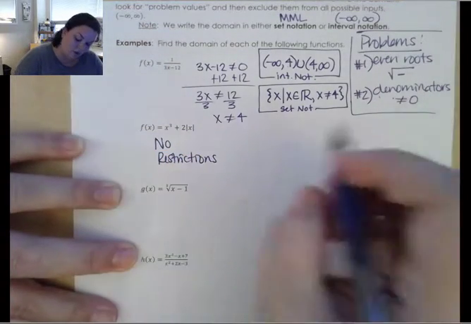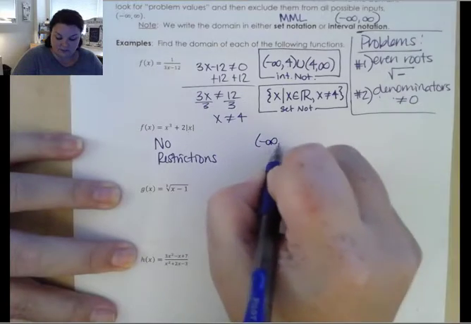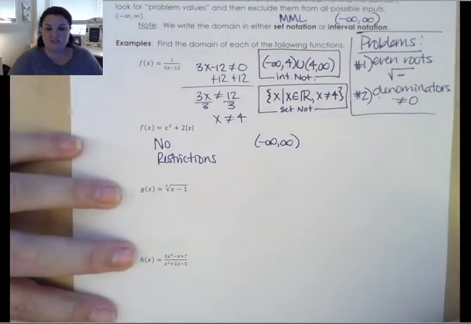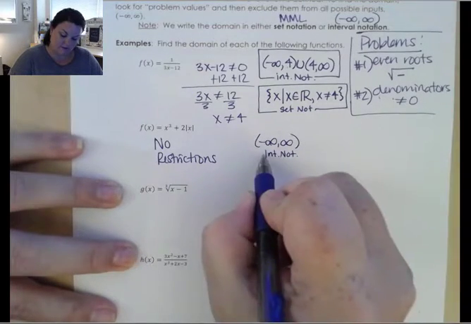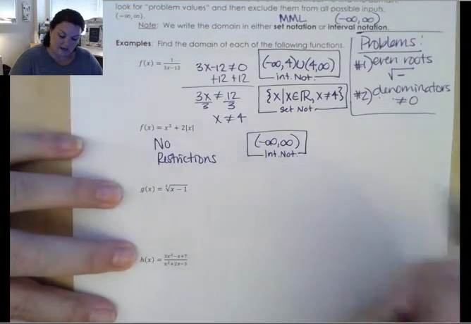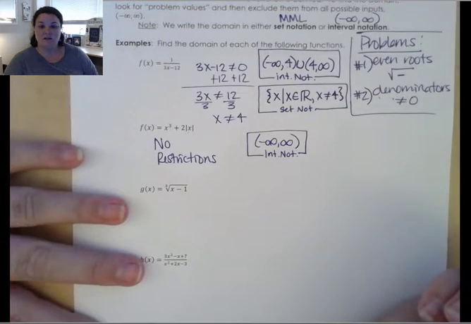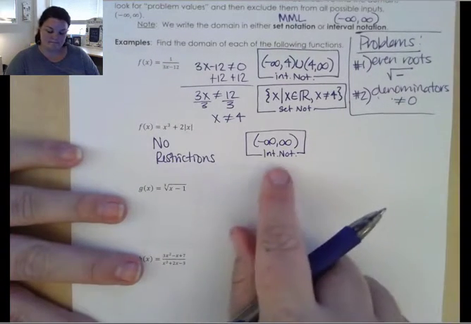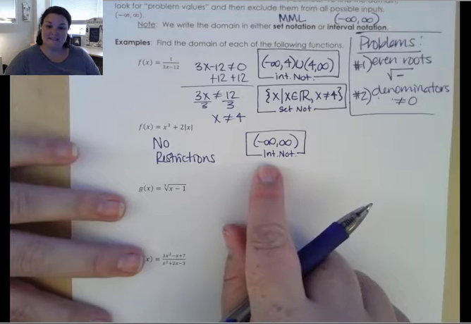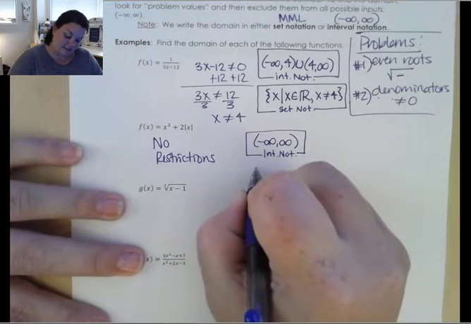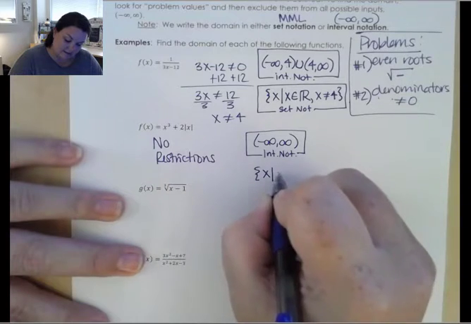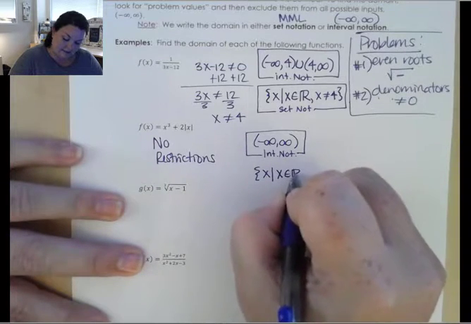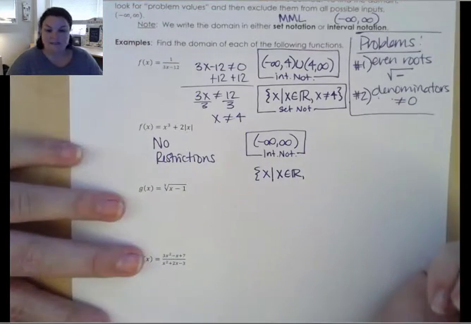And when we have no restrictions, that means our interval notation is just negative infinity to infinity. Interval notation. Okay? Because we have nothing that we have to adjust our domain for. Okay? And then I also want to write this in set notation. So for set notation, we would do the set of all x's such that x is an element of the reals, meaning x is a real number.